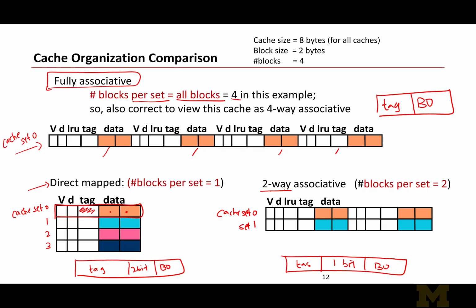And so the cache miss rate can be higher than that of a fully associative cache. So the cache miss rate would be the best for the fully associative cache. It will be okay for the set associative cache, and probably the worst for the direct mapped cache.